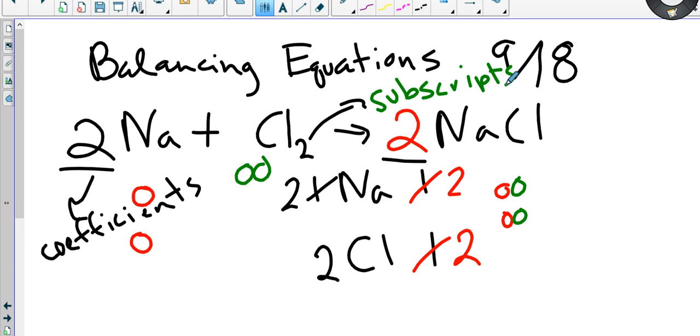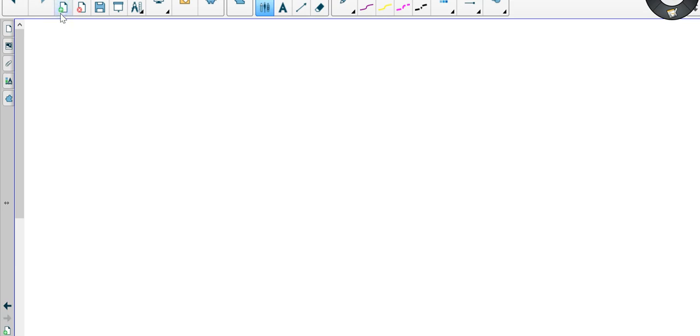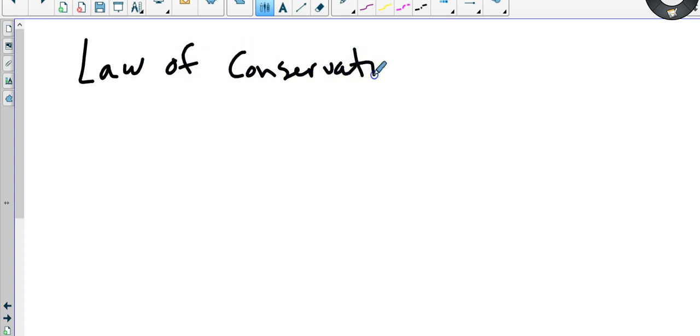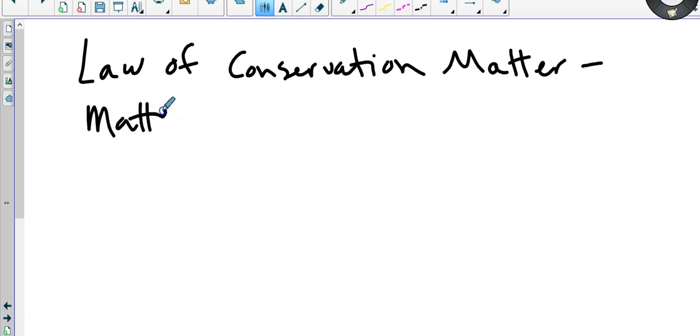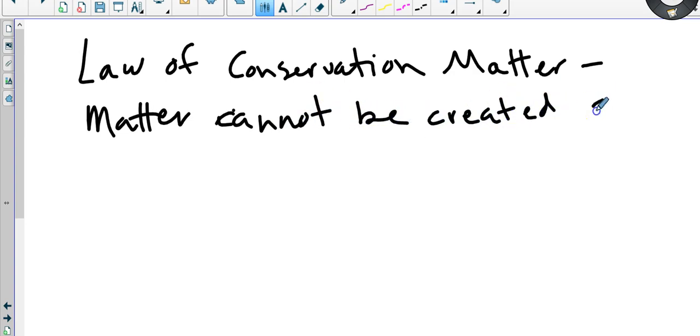Okay, so just to keep going here, the reason we have to balance is because of the law of conservation of matter, which you probably already learned, and basically matter cannot be created or destroyed. I already told you this, but now we're writing it down. And you saw in the example that I just did how a chlorine atom would have been, quote, destroyed if I had not balanced the equation.